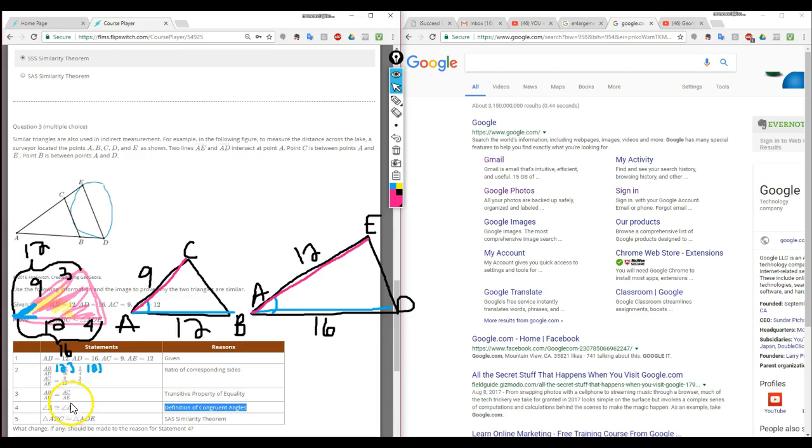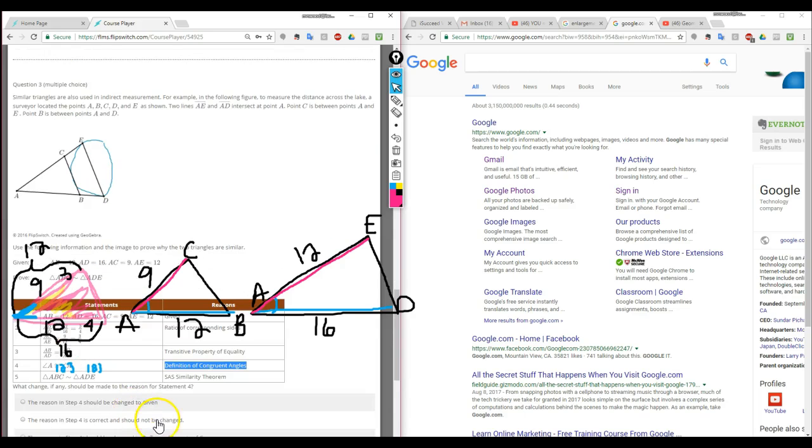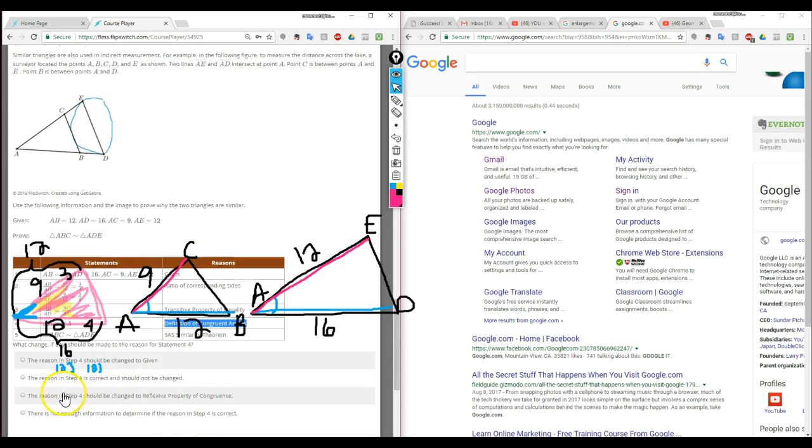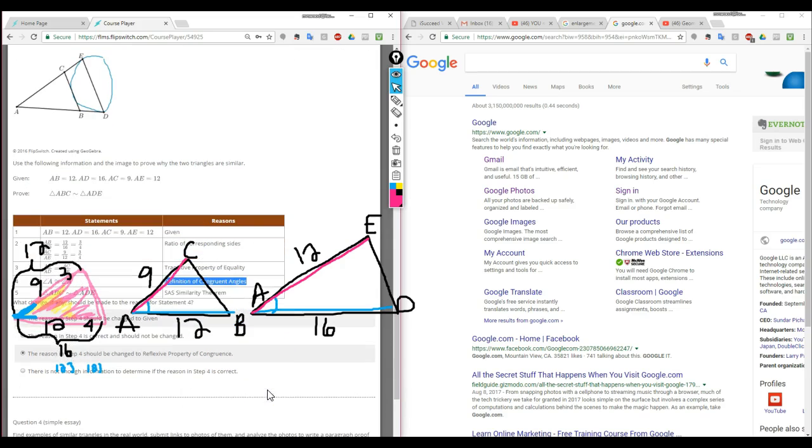It looks like itself. So how I remember it is reflexive reminds me of reflection. And when I look in a mirror, I'm seeing myself back. So it's a reflection of myself. So it should be changed to the reflexive property of congruence.